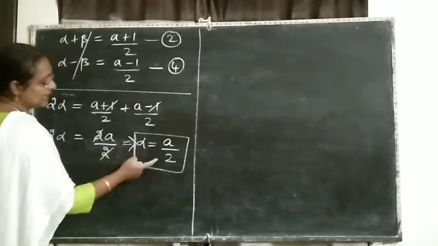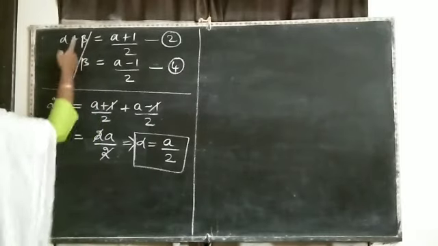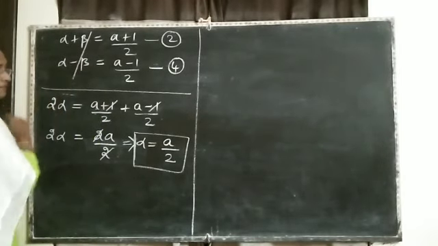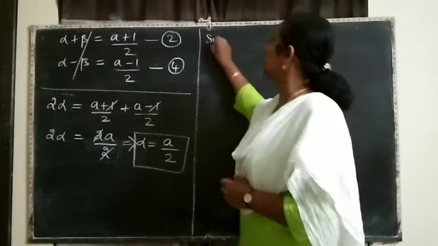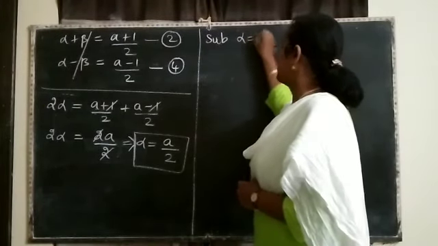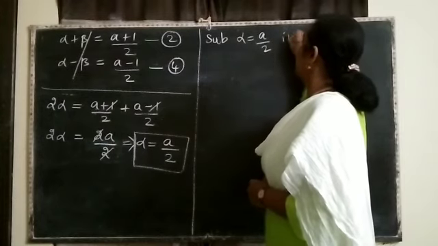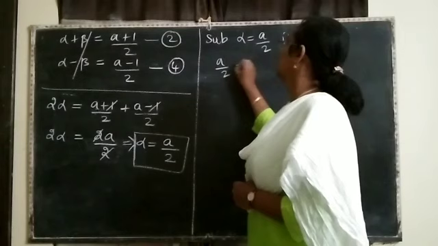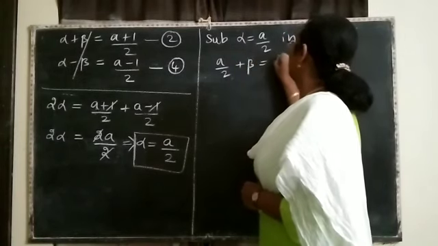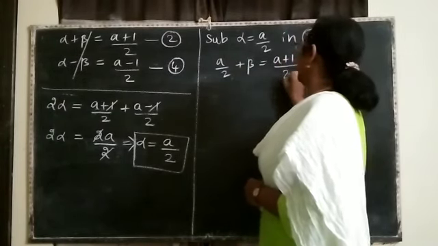Now we are going to substitute alpha in any one of these equations in order to find the value of beta. Shall we substitute the alpha value in the second equation? Substitute alpha is equal to a divided by 2 in the second equation. Now a divided by 2 plus beta is equal to a plus 1 divided by 2.